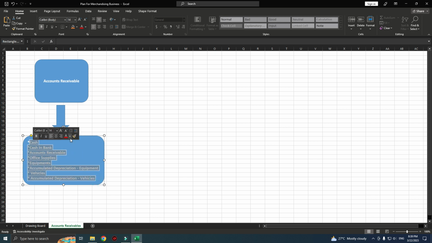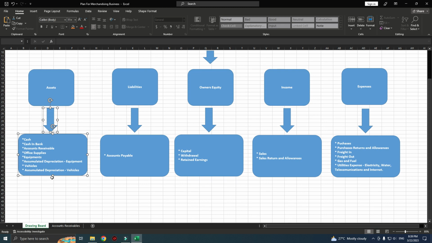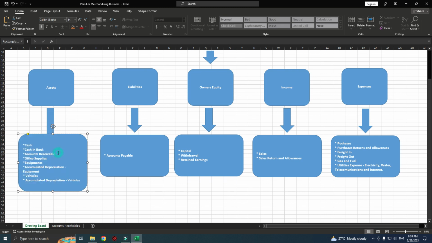So, we have the name, purchase item, and of course, in the assets, we have merchandise inventory. Let's put space after every asterisk or star, whatever you want to call it.